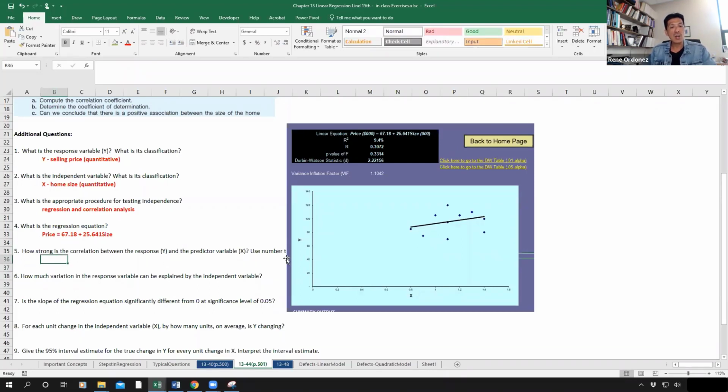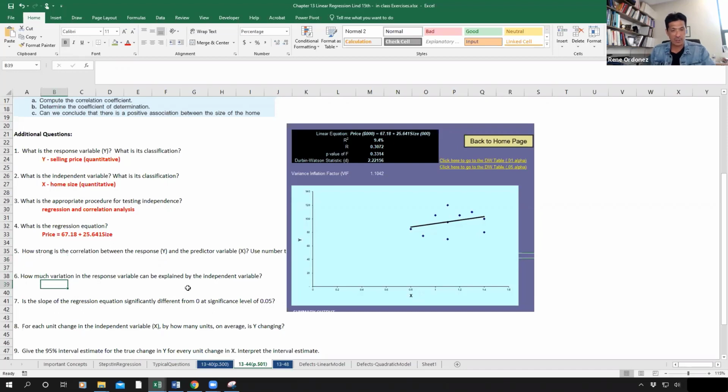Number 5, how strong is the correlation between the response variable and the independent variable? Give me a number. Shania? Yeah, 9.4%. That's not the answer.